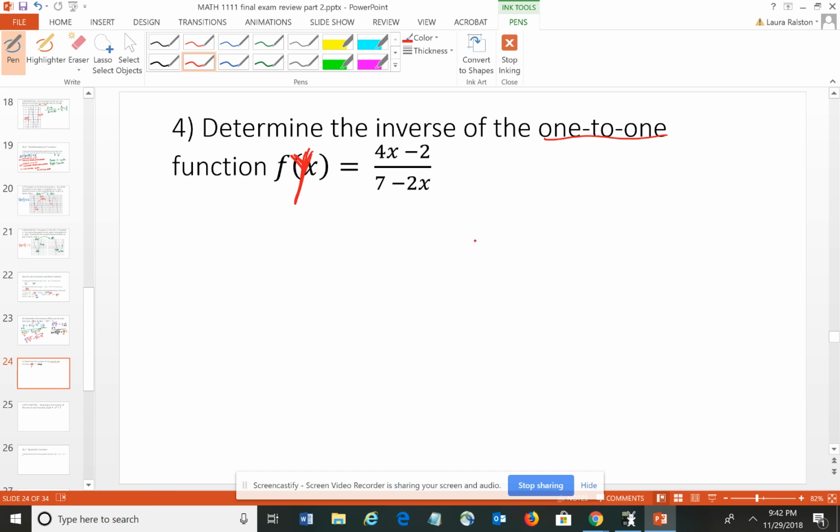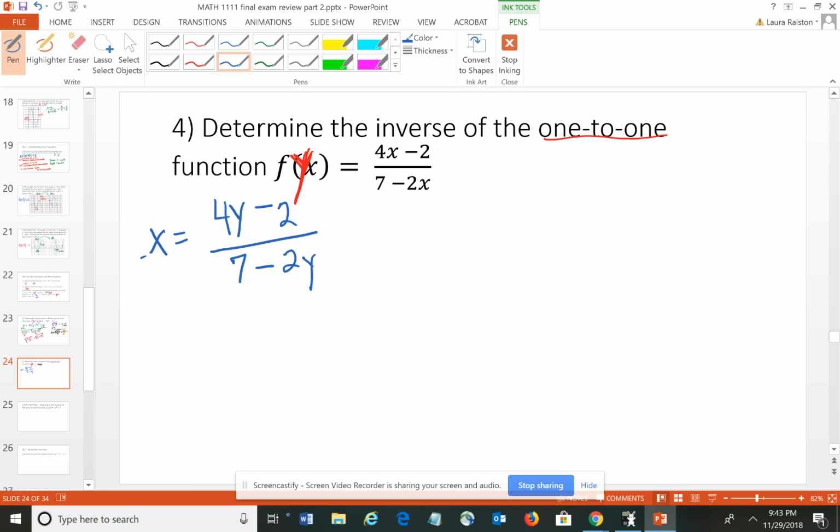And again, we begin the process by interchanging x and y so that we rewrite the problem as x equals 4y, minus 2 over 7 minus 2y.